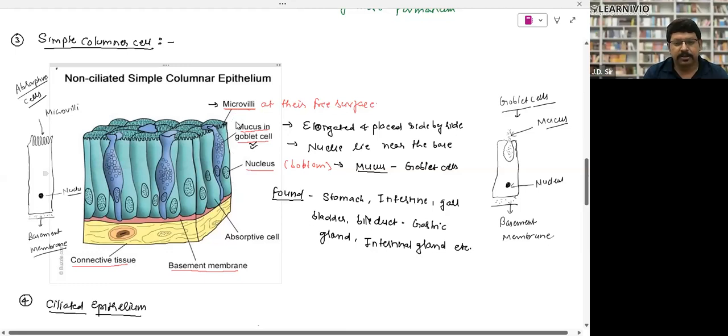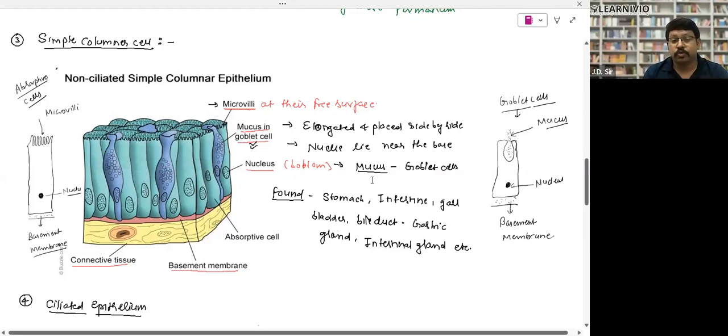Again, if microvilli develop on the free surface, we will call them ciliated columnar tissue. Why do microvilli develop? They increase the surface area for absorption. They are elongated, placed side by side, and nuclei lie near the base. That question has been asked.